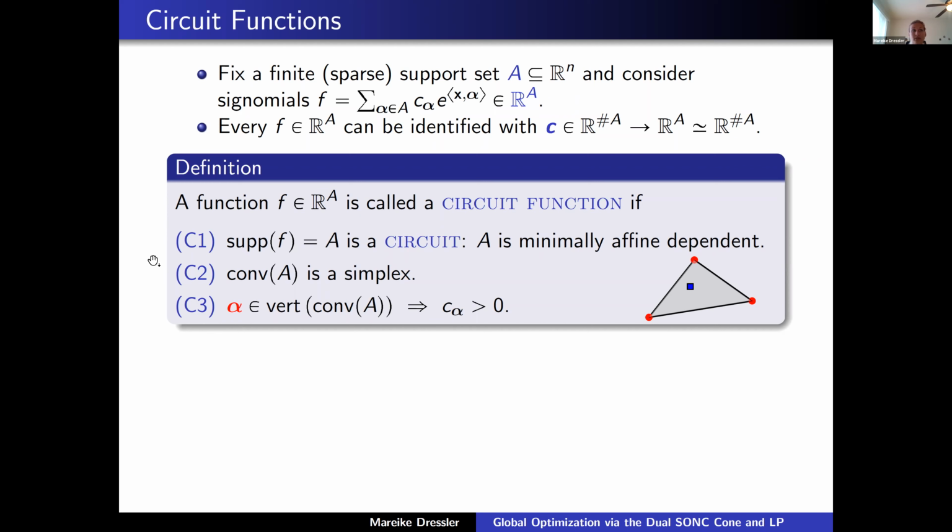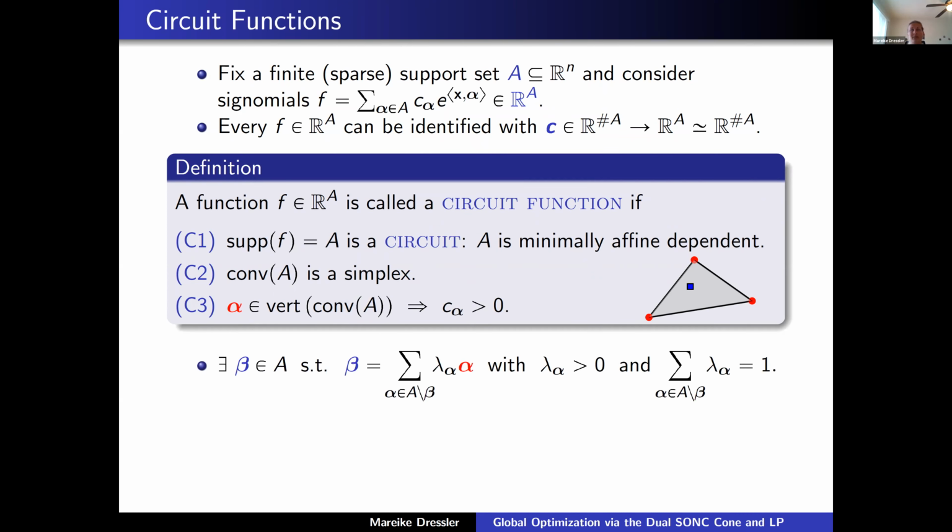That means that all but one element of my support is an extreme element of this Newton polytope. And the third condition here is just a necessary condition for any Zignomial to be non-negative, namely that the coefficient corresponding to such a vertex of the Newton polytope has to be strictly positive. So from this condition, it follows that there has to be one element in my support, let's say beta, which lies in the strict interior of this simplex.